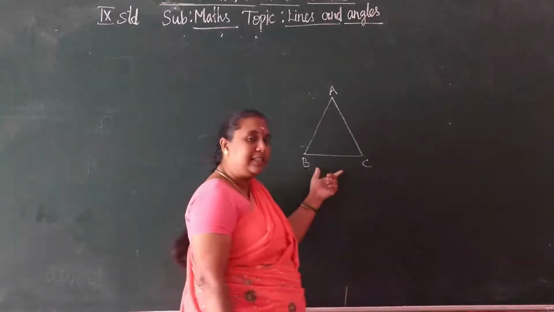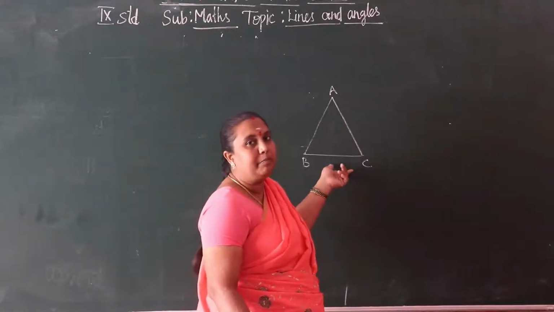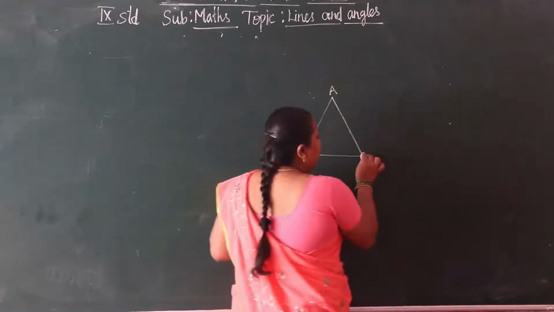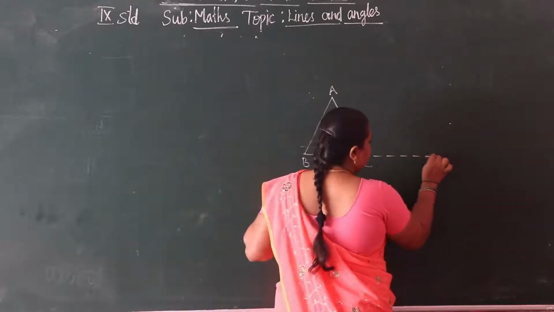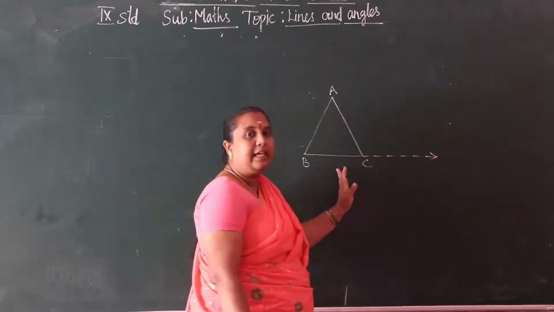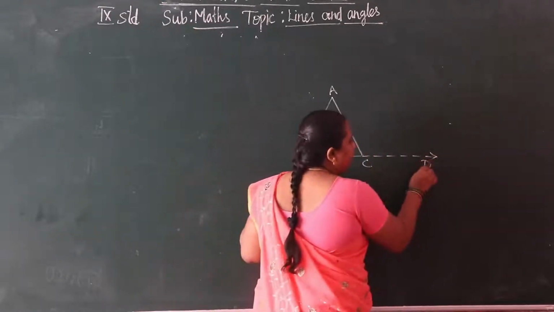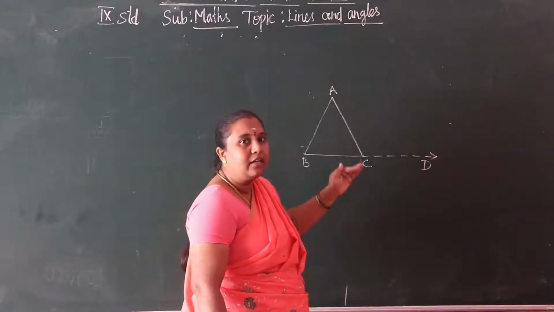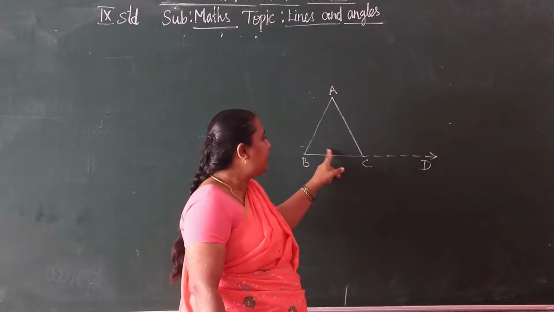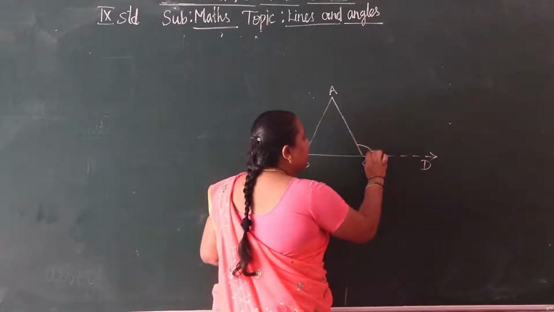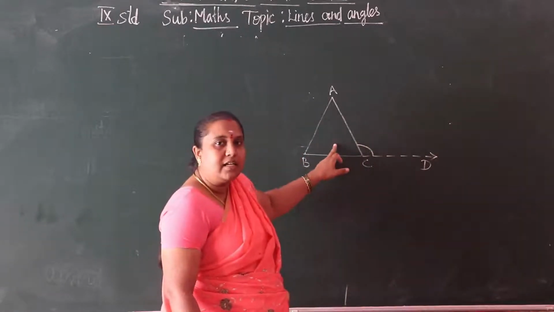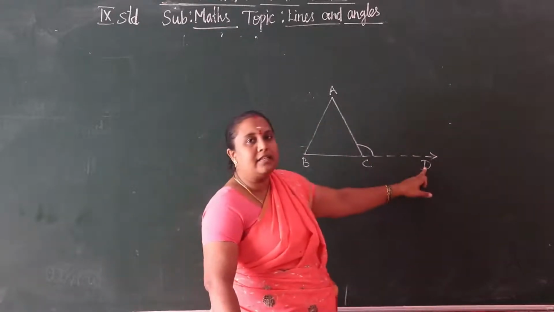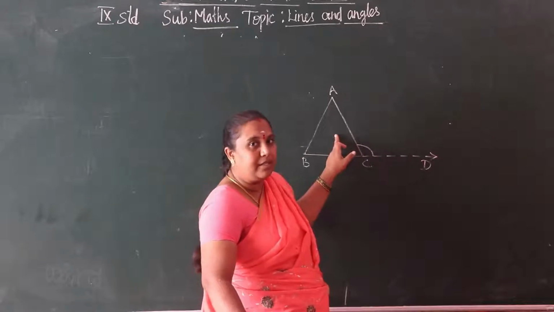The base BC, the line segment BC, is extended to D. Now we can have one exterior angle of this triangle. ACD is the exterior angle of your triangle ABC.